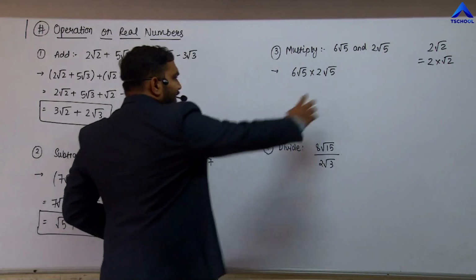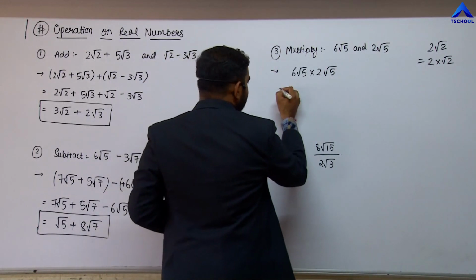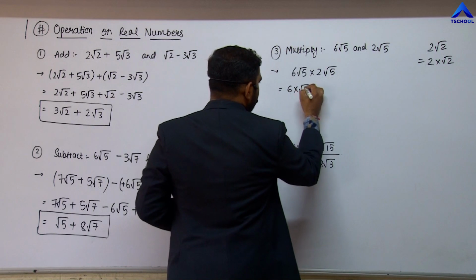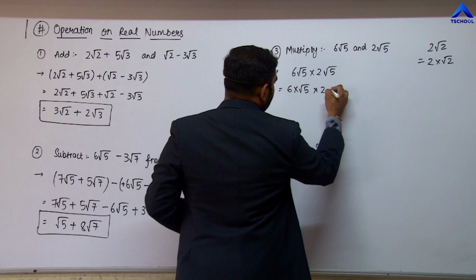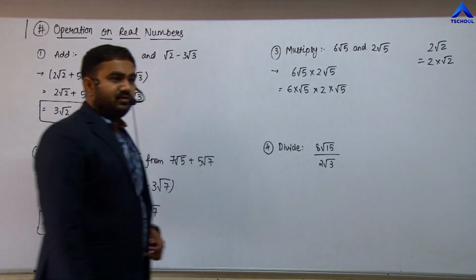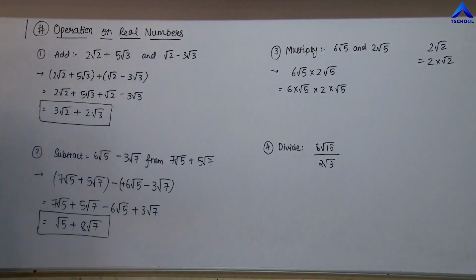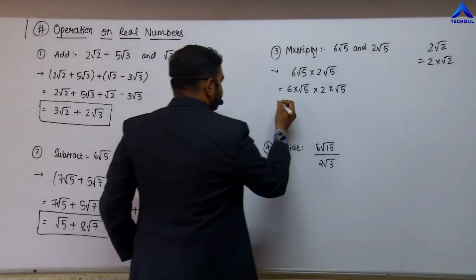The same way we are going to write down here also. This 6 root 5 here actually means 6 into root 5, multiplied by 2 into again root 5, right? Now look at this friends, all the numbers are in multiplication, so we shall simply multiply them, right?